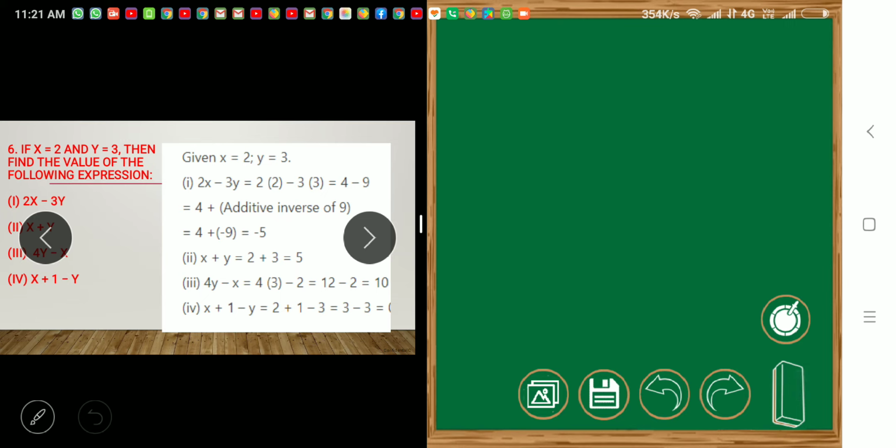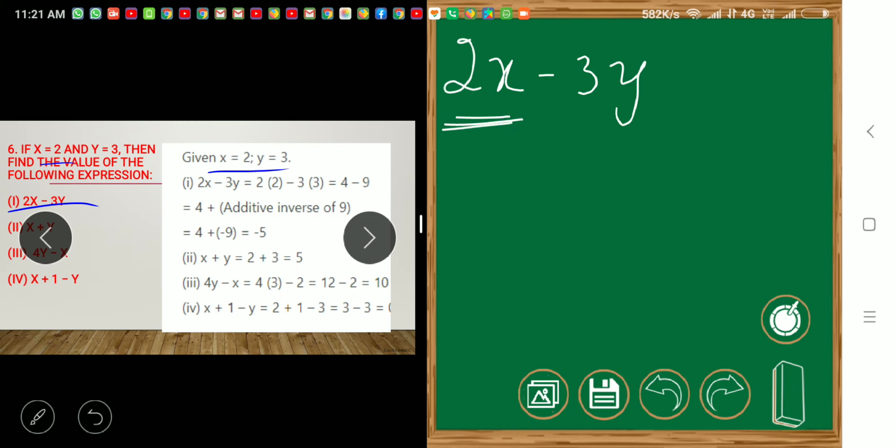Next, this is also finding the value. The same values of x and y are given. We need to solve these now. So 2x minus 3y we have to find. What is the value of x here? It is 2. See, it is in multiplication, don't forget. So the value of x is 2. Take the 2, put it in a bracket.